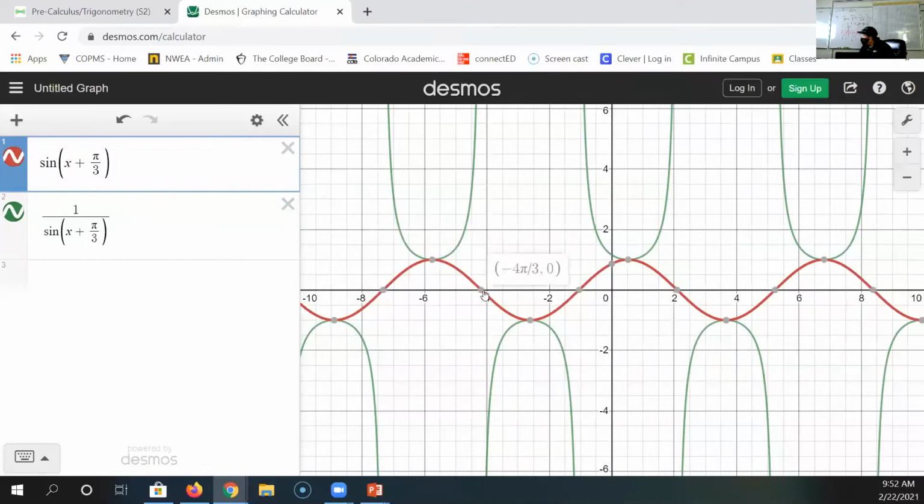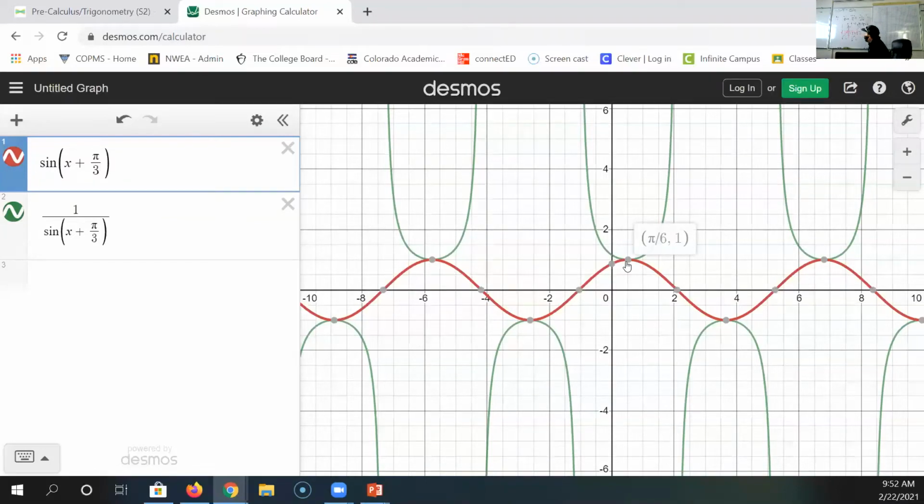But I found all of these critical points for my sine function because that led me to my secant or my cosecant function. If I remember, I always intersect at what would be a maximum or a minimum on the sine function, because those are going to be maximums and minimums in my cosecant function as well.